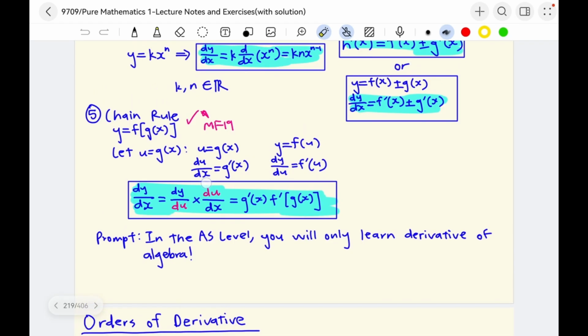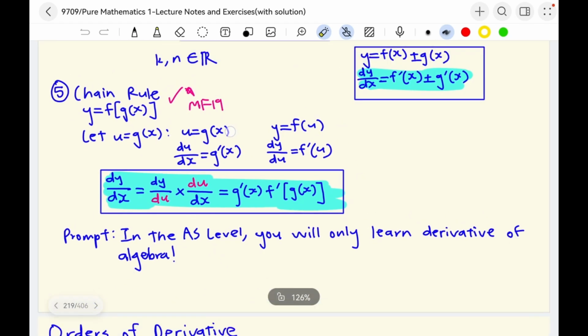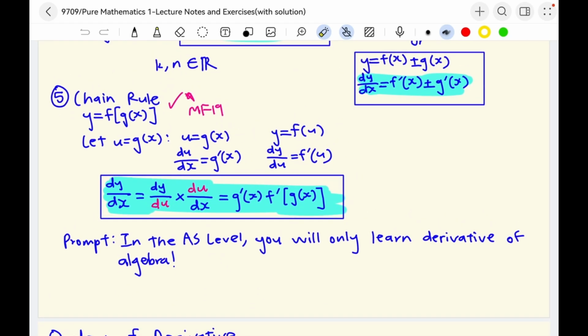Now let's enter the chain rule. For the chain rule, the given function y is equal to f of g(x), where g(x) lies in the domain of f(x). Maybe I explain in another way. Let's say f(x) is a polynomial function, say x squared.